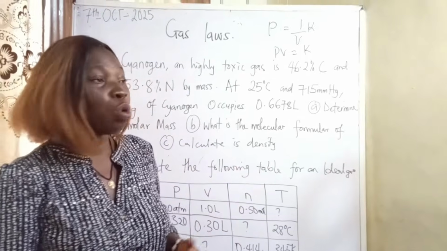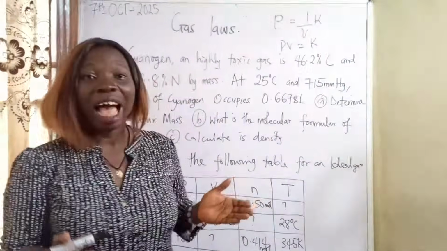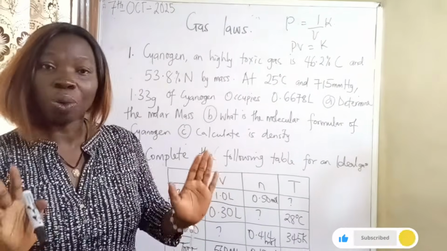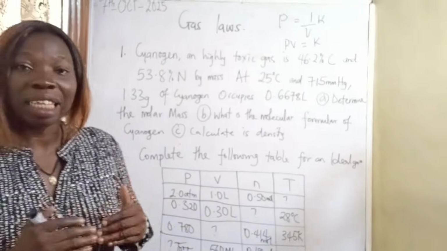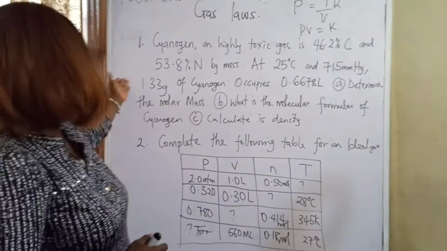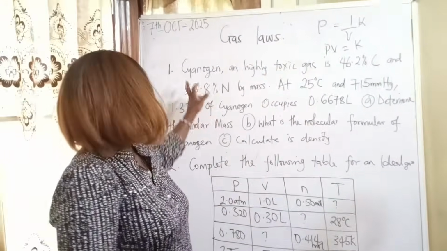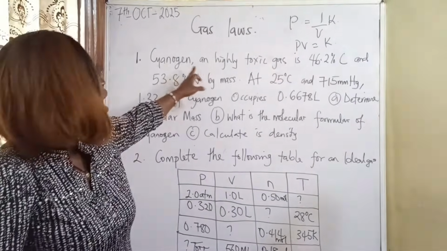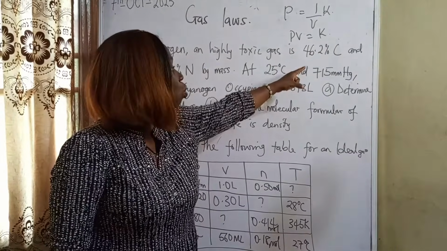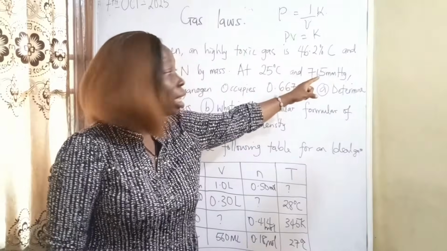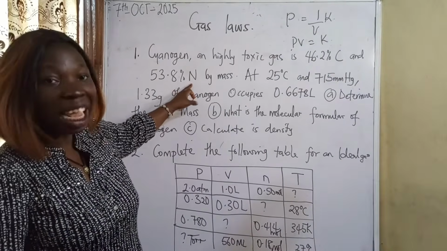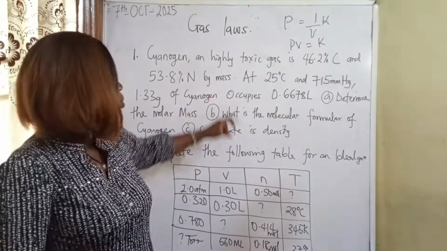So today we'll be looking at the calculations as regards these laws, so that it will be easy for us to understand how to place our units and our formula. If you look at the first example, it states that cyanogen, a highly toxic gas, is 46.2% carbon and 53.8% nitrogen by mass.